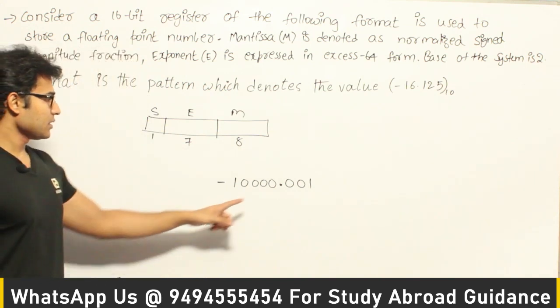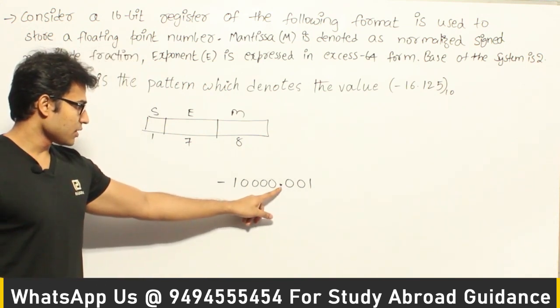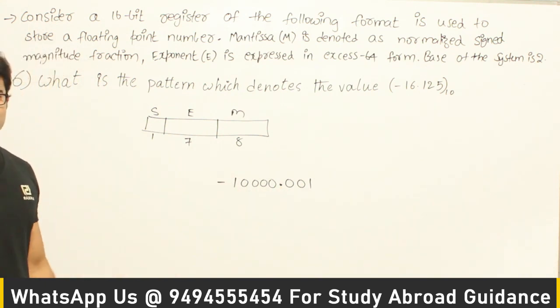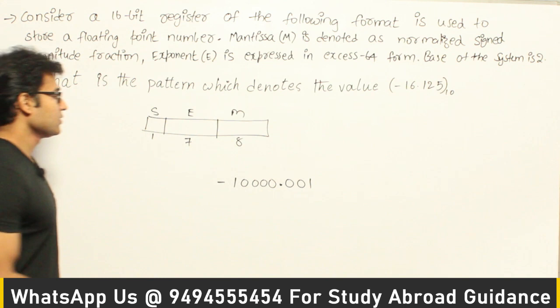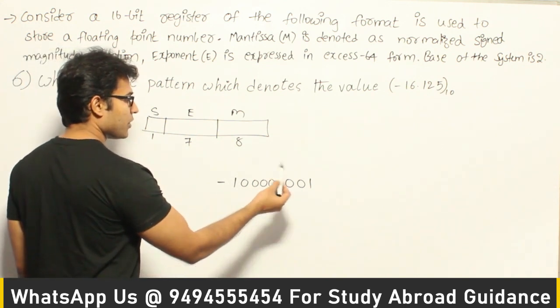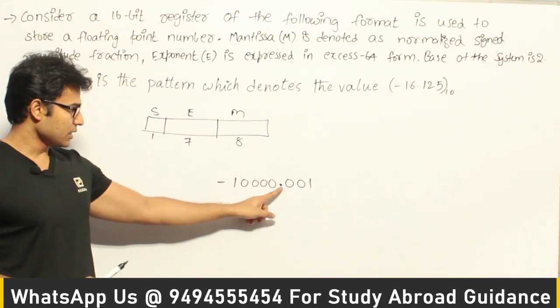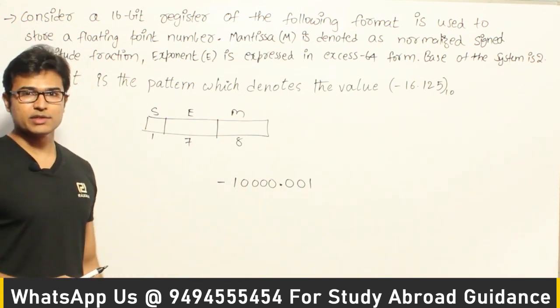Now if I try to move this radix point to the left, I am decreasing the value, therefore I have to compensate by increasing the exponent. Since we are using implicit normalization, we are going to move it till the right of the most significant one.